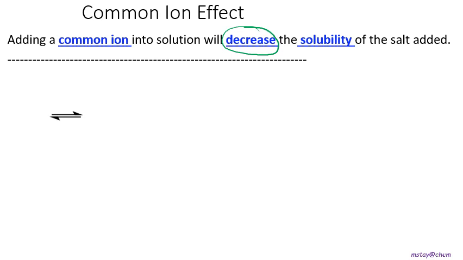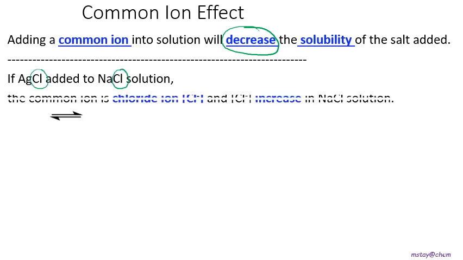Now let's see how the common ion can decrease the solubility of the salt. If you add AgCl into NaCl, the Cl negative is the common ion, so you are increasing the concentration of Cl negative.